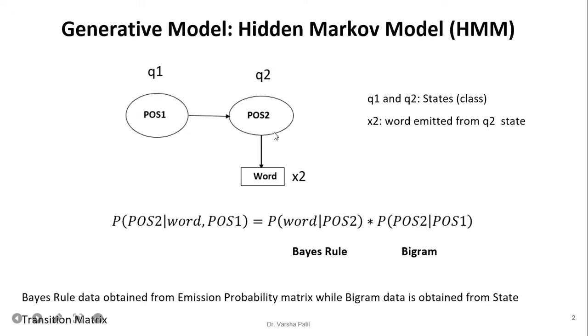So we are determining the part of speech tag for this particular word x2 based on this and this. Therefore the formula is probability of word given POS 2 into probability of POS 2 given POS 1. So this is bigram and this is the Bayes rule. Bayes rule data is obtained from the emission probability and bigram data is obtained from the state transition matrix.